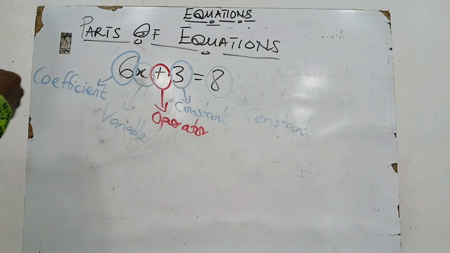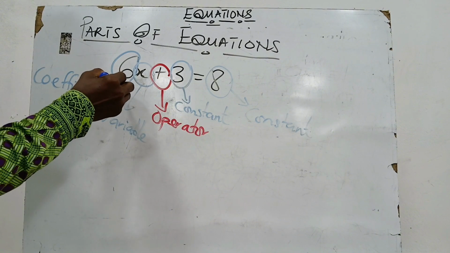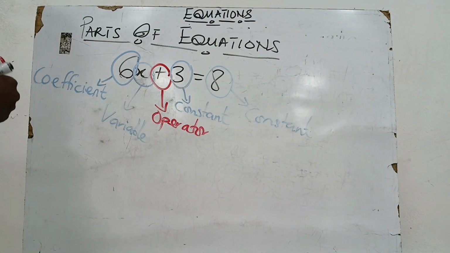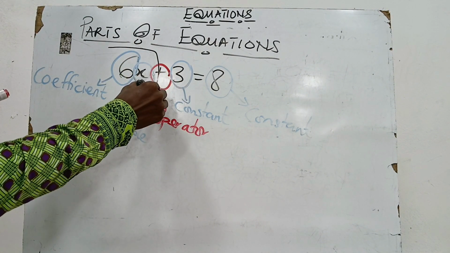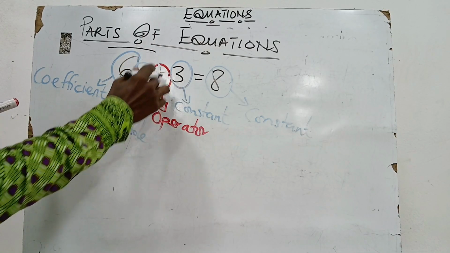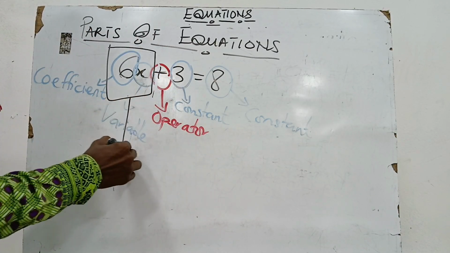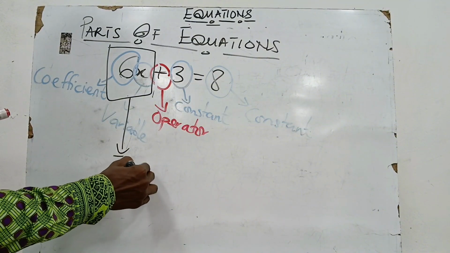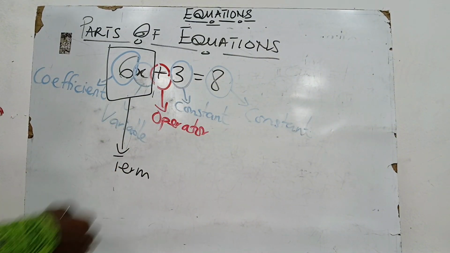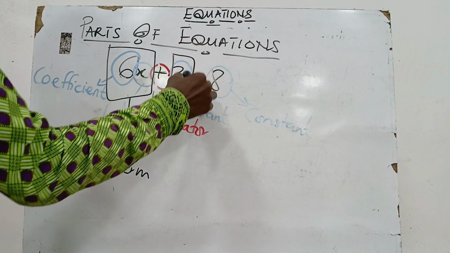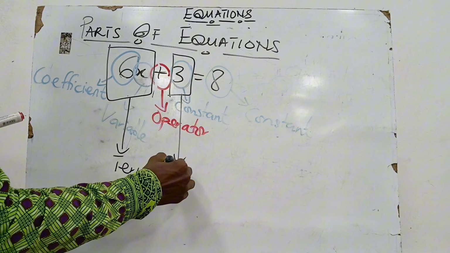Now, the whole of this 6x here is called a term. Are you getting it? The whole of this 3 is also called what? A term.